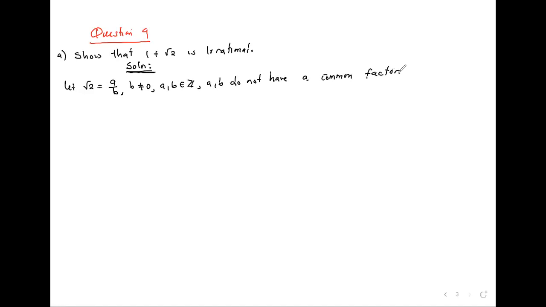You've just picked root 2. We'll come back to 1 plus root 2. So then we show that root 2 alone is irrational.